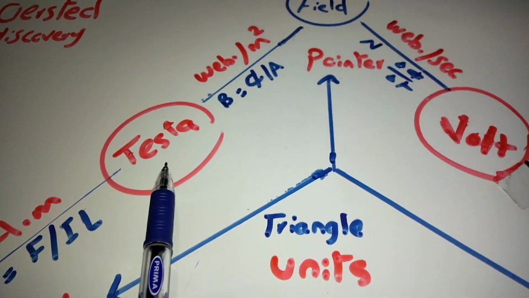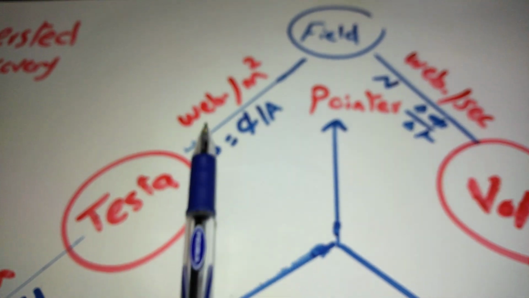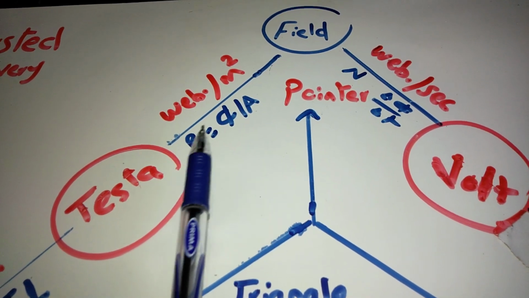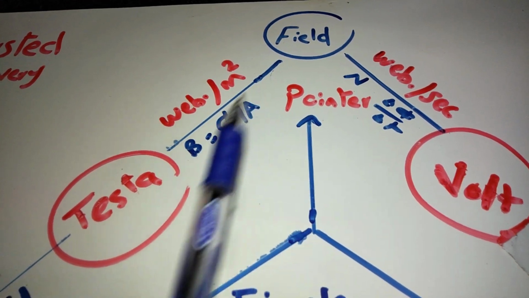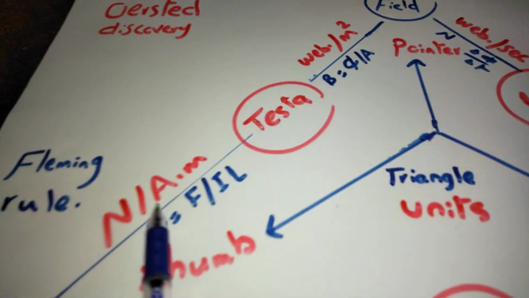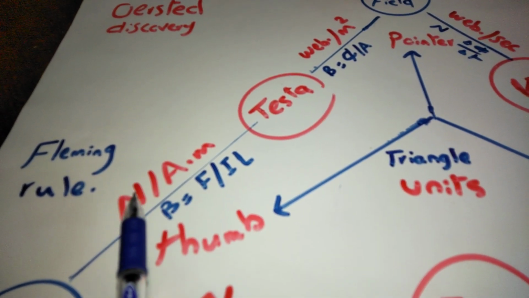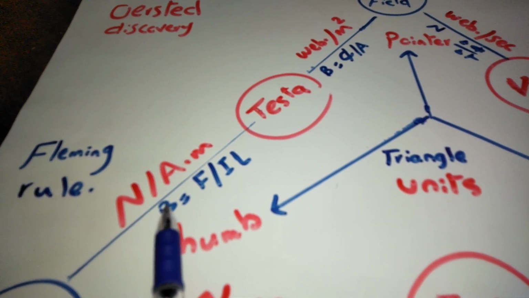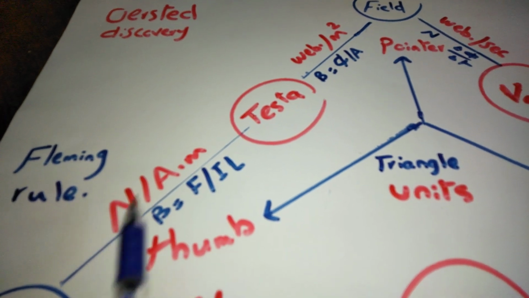We can notice that Tesla can produce flux lines, and it is given from the relation B equals Φ/A, so it is equivalent to Weber per meter square. On the other hand, when it comes to Fleming's left hand rule, Tesla produces a magnetic force, and it can be given as B equals F over IL, unit Newton per ampere meter.